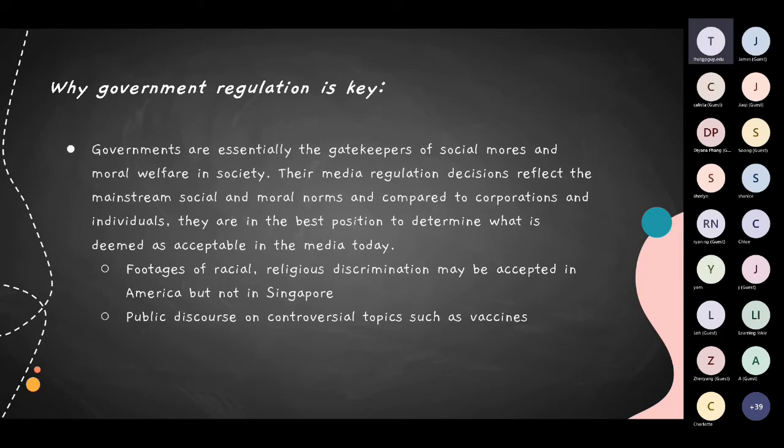Another argument you come up with is that governments are also the gatekeepers, the protectors, the defenders, the guardians of social customs, traditions, culture, and the moral welfare in society. So their decisions in regulating the media reflect the mainstream social and moral norms. And compared to corporations and individuals, they are in the best position to determine what is acceptable.